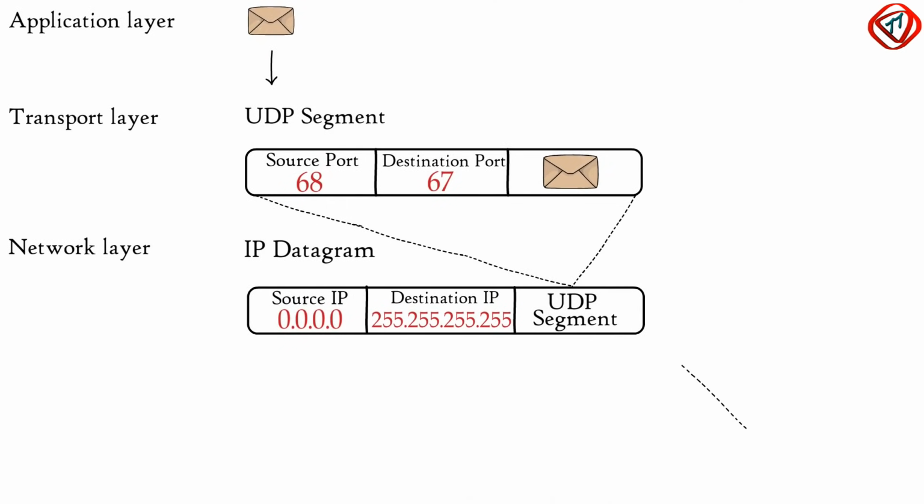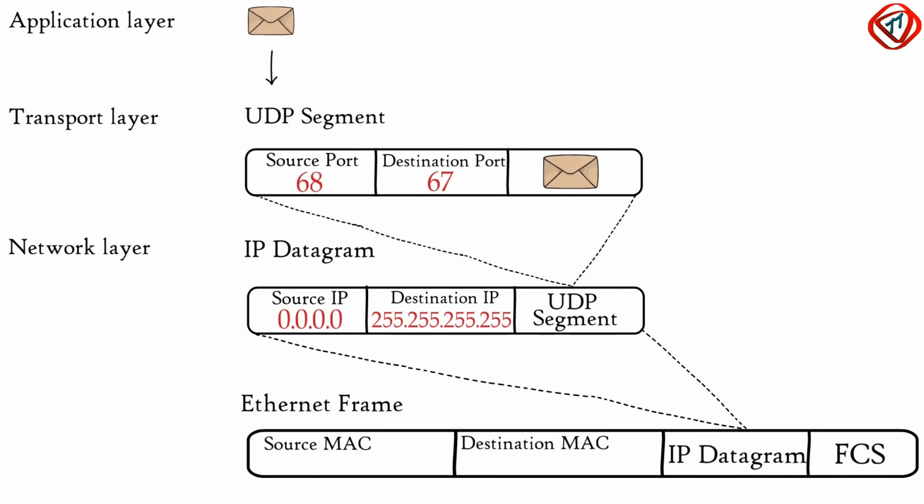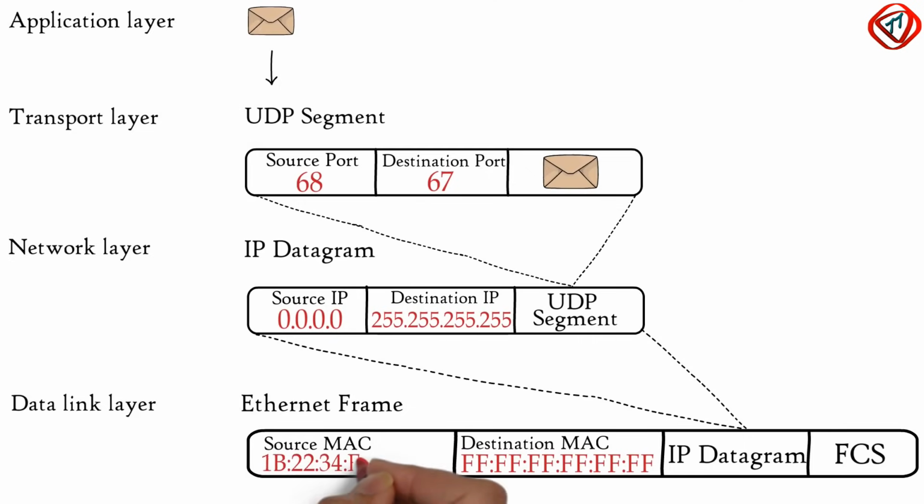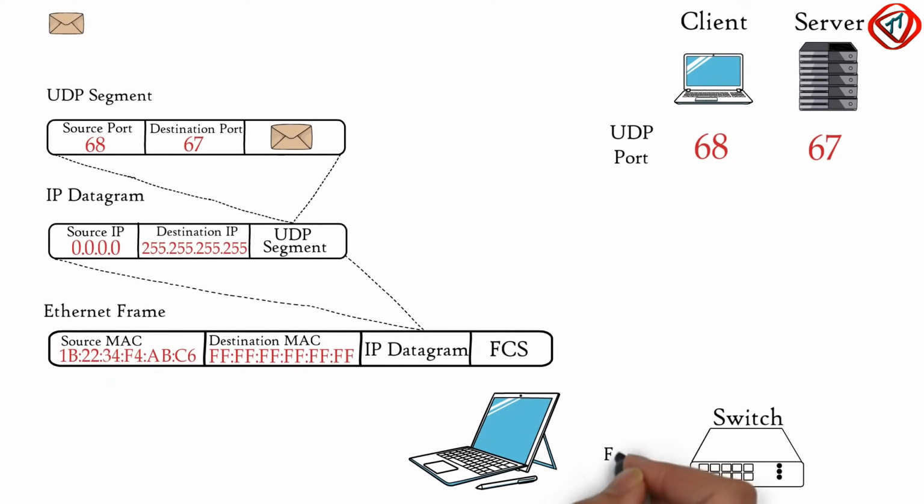The IP datagram is then placed in an Ethernet frame in the data link layer with the destination MAC address as the broadcast MAC address and the source MAC address as the computer's MAC address. Finally, the Ethernet frame is transmitted by the DHCP client in the network using physical layer media.